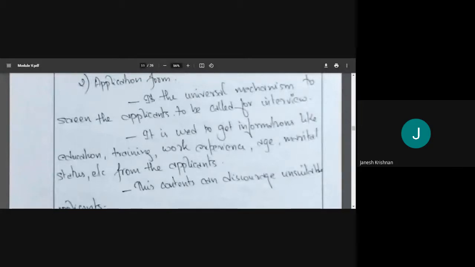His age, training, education, experience, all these things will be put in the application form. Some people get discouraged by the process and don't fill out the application, so it acts as a screening mechanism. We can cut short the number of applicants easily.